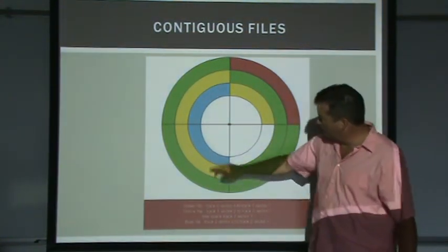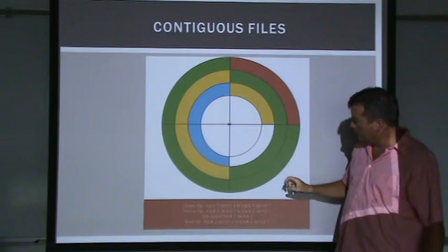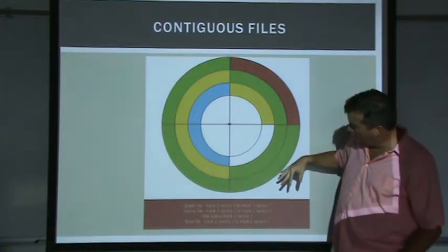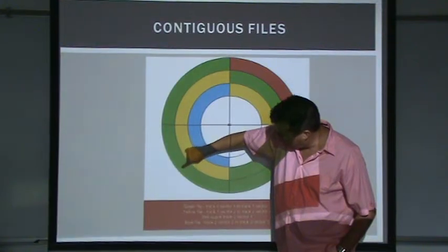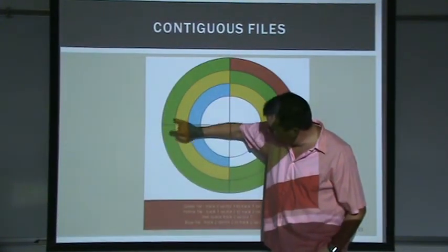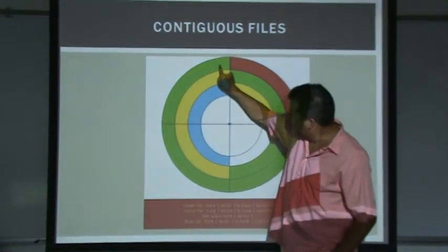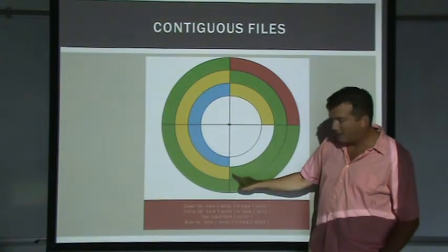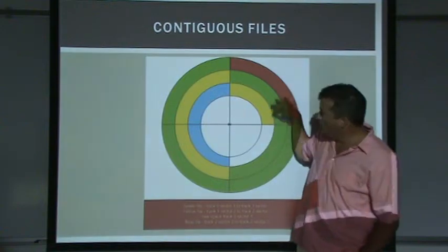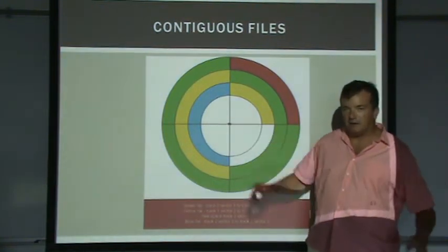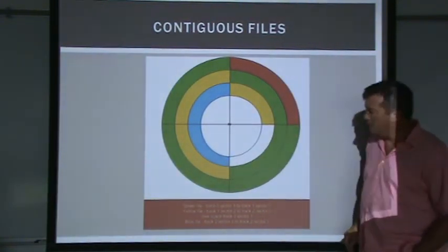So this is 1, 2, 3, 4, 5 sectors. Suppose we read this into memory and added some data right around here. Well, that would make this sector so big it would force data into this sector, which would force data into this sector, and force data into this sector. So once we made a change around here, we're going to have to rewrite the entire file on disk if we wanted to keep it contiguous.